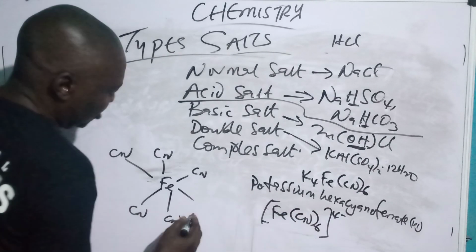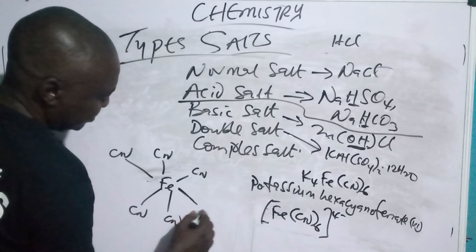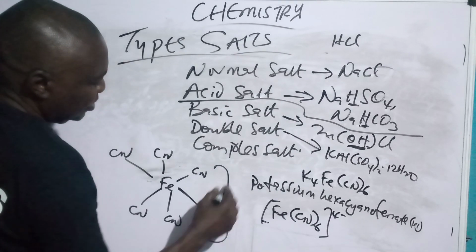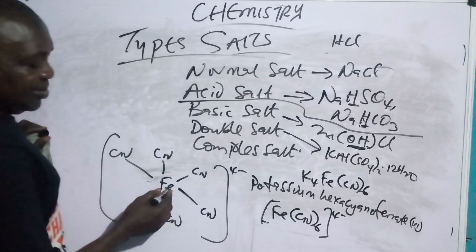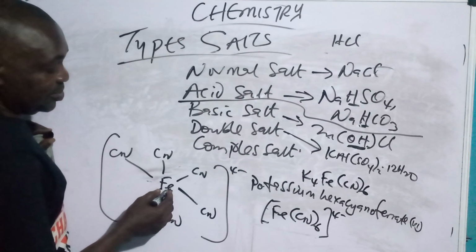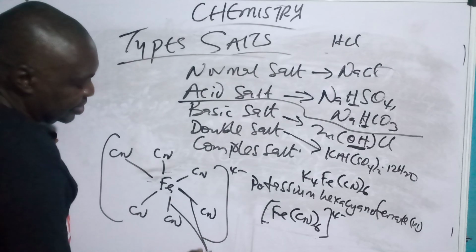You see the charged group of ions. You have 4 minus. This ion is known as the central atom, while these ones attached to it are called ligands.